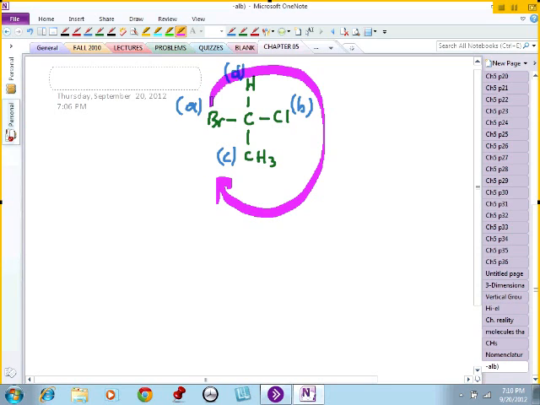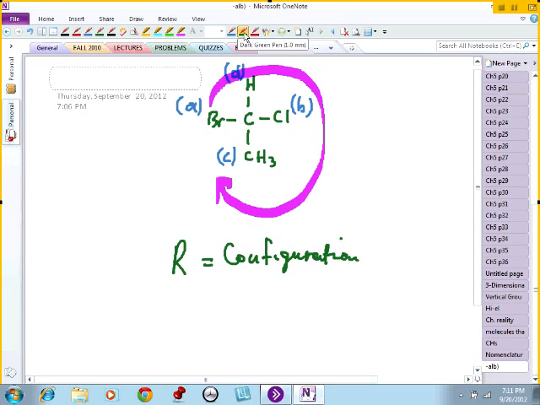If that motion is clockwise, then you say this molecule has an R configuration. In other words, the absolute configuration of this carbon here is R.